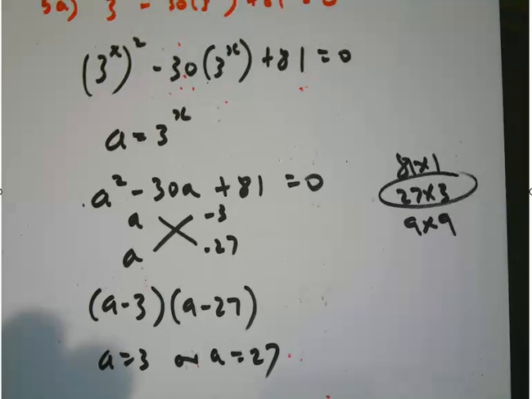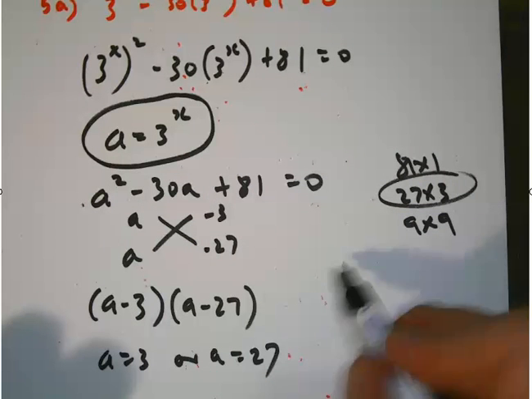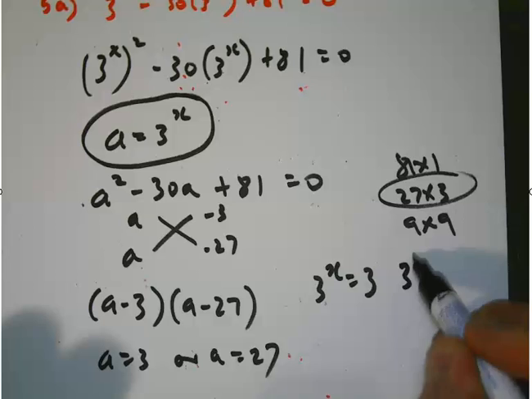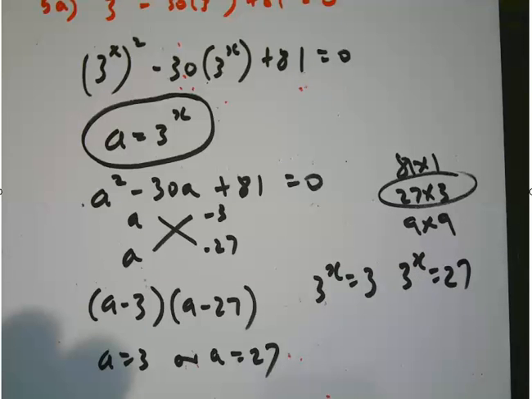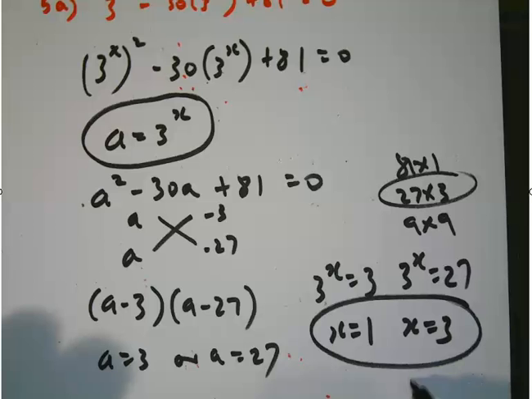However, I'm not solving for a, I'm solving for x. So if I substitute back for a, I get 3 to the x equals 3 or 3 to the x equals 27. And this one, x must equal 1, and this one, x equals 3. Therefore I get two answers, x equals 1 and x equals 3.